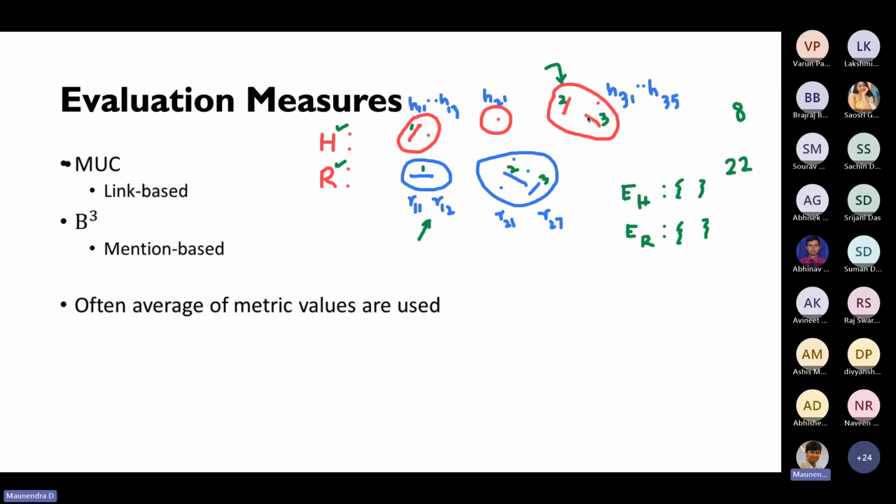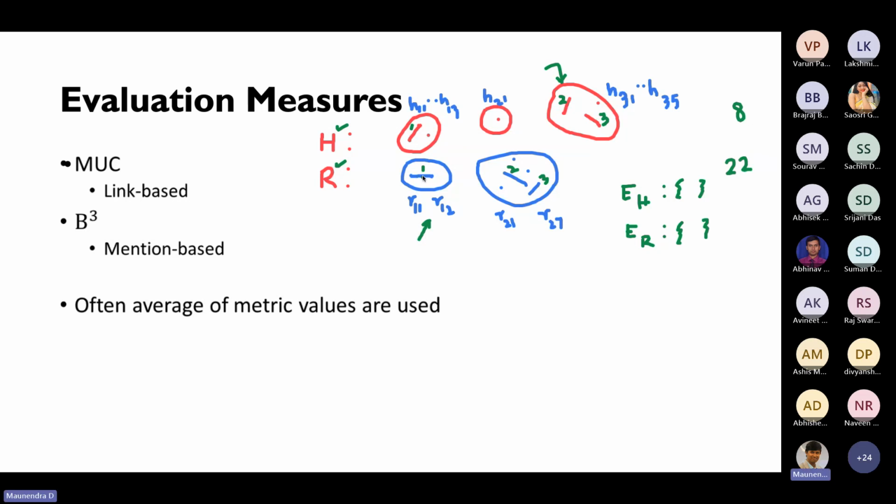Now you identify the reference chain from the hypothesis and the reference chain from the reference, and then you try to find the common elements in this as well as this. So essentially between these two, you try to identify the precision and recall between this cluster and this cluster.